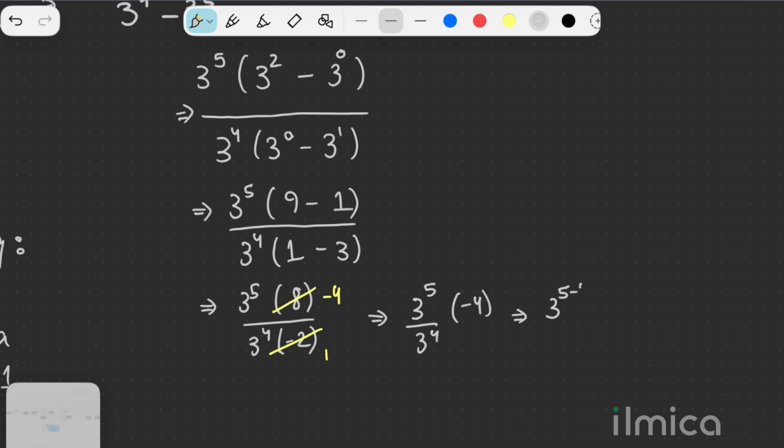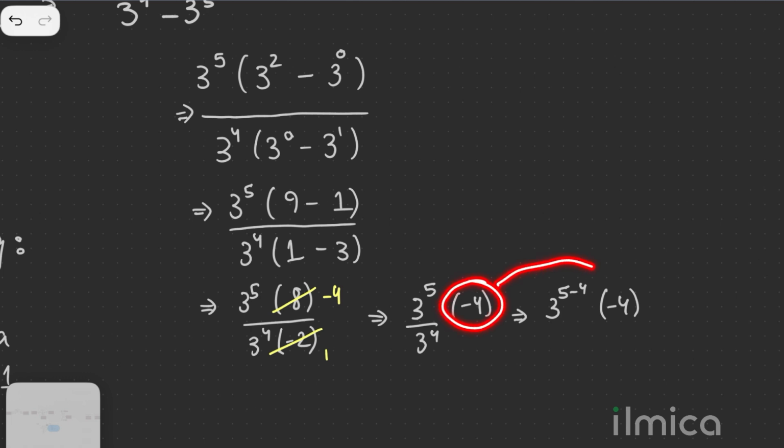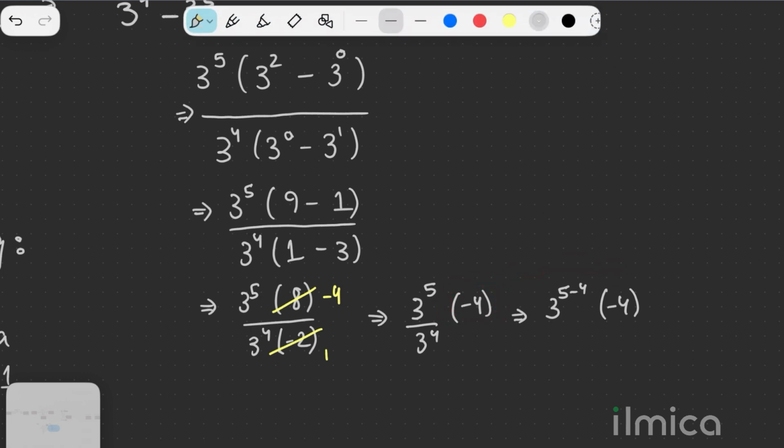So we'll get 5 minus 4. The minus 4 just gets replicated again. Finally, we will get 3 raised to the power 5 minus 4, which is 3 raised to the power 1, times minus 4. That at the end is just minus 12. So that's the second example.